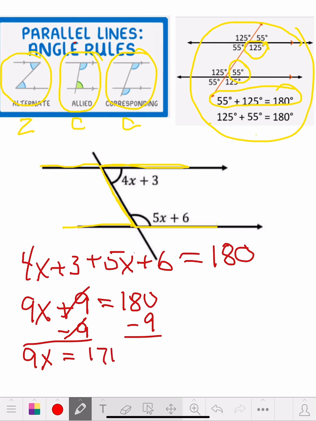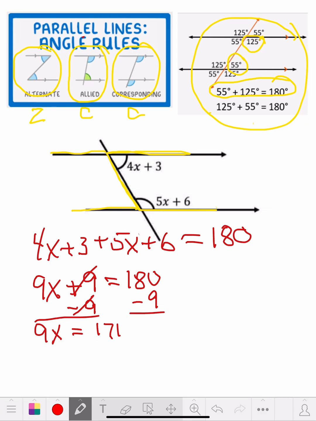Now we just got to divide by 9 because we got 9 times x. The opposite of times is division. What we do to one side, we do to the other side. These two cross each other out, and we get x equals 9 goes into 171 19 times. Square that off, and that's our answer.